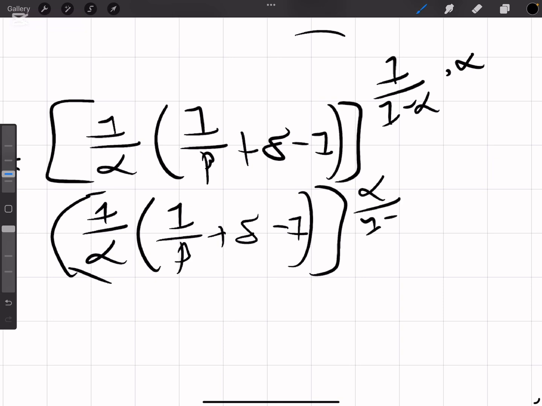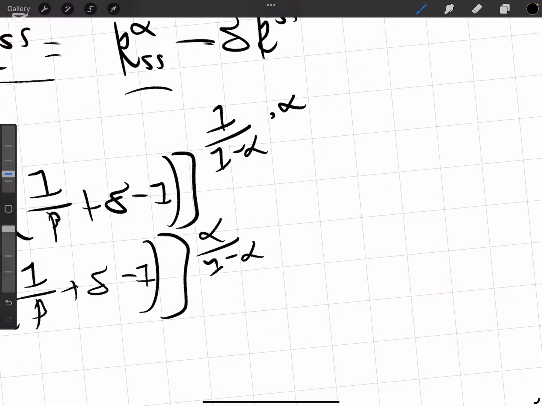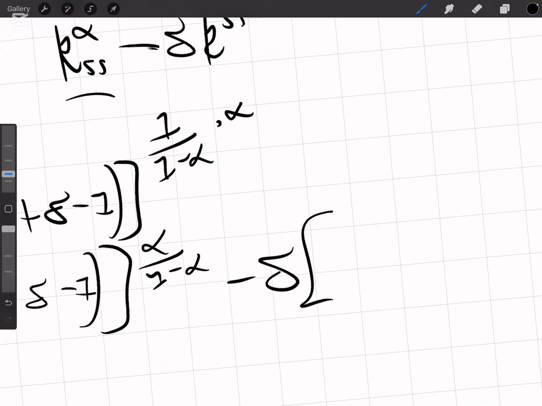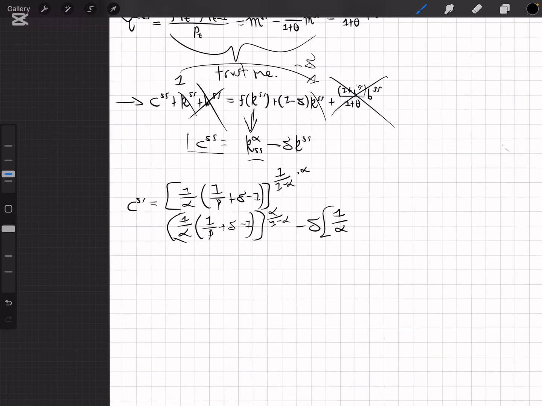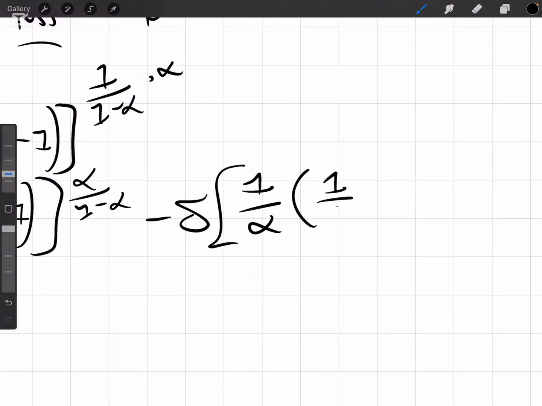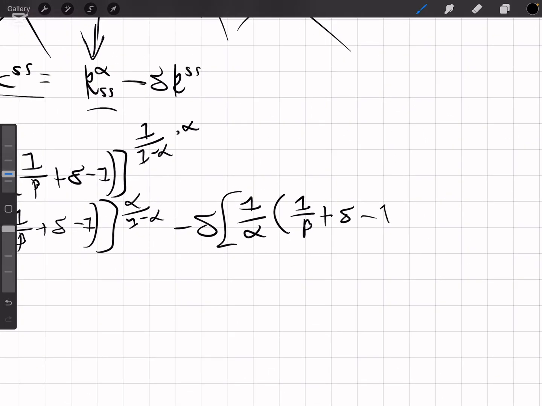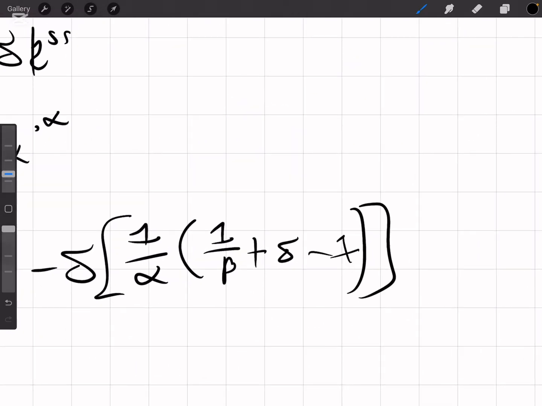Alpha over 1 less alpha. And then, oh, my foot, less squiggly. And then we're doing just the rest of it here. So 1 over alpha, 1 over beta, less 1 over 1 less alpha.